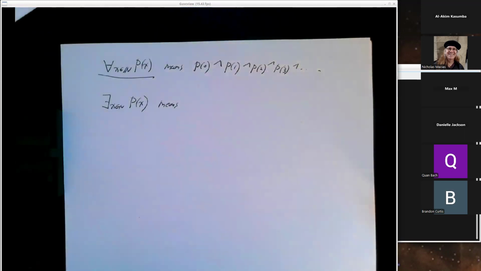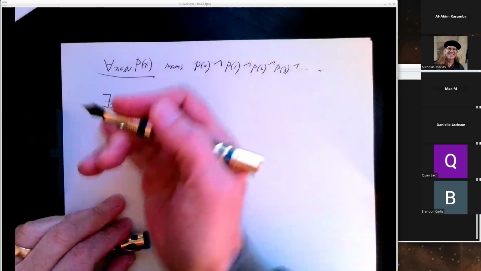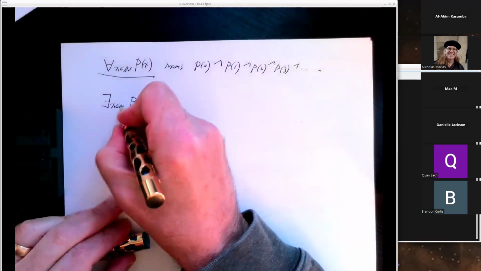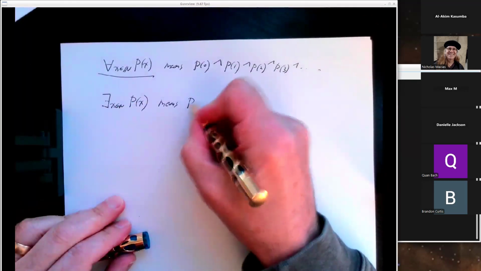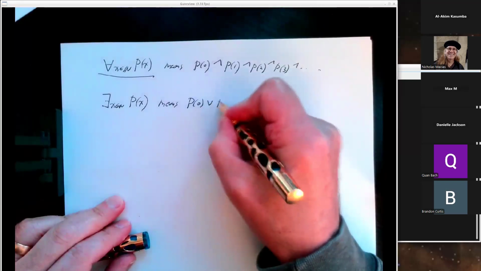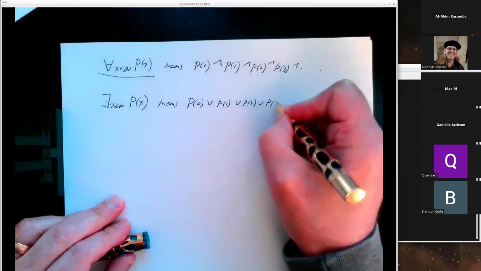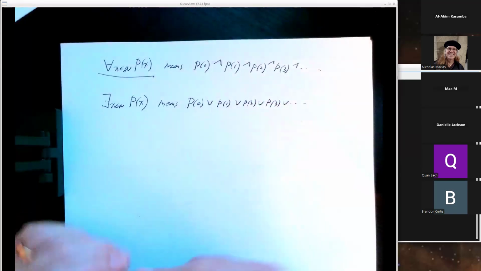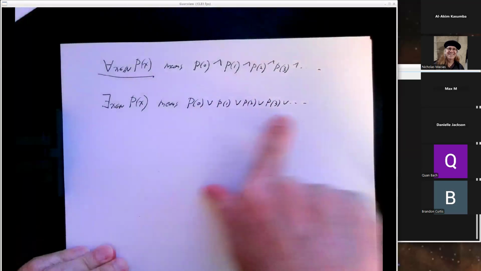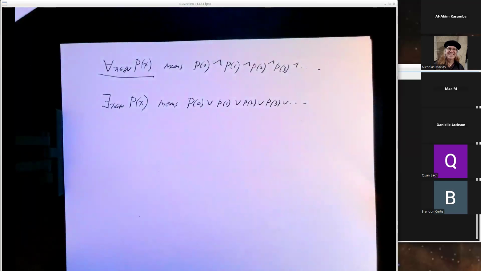Oh, perfect. Right? It means there's some x in here where P is true. Well, what are the possible values? It's either P of 0 or P of 1 or P of 2, and so on. So this is a shorthand way of writing this infinite long disjunction of propositions.